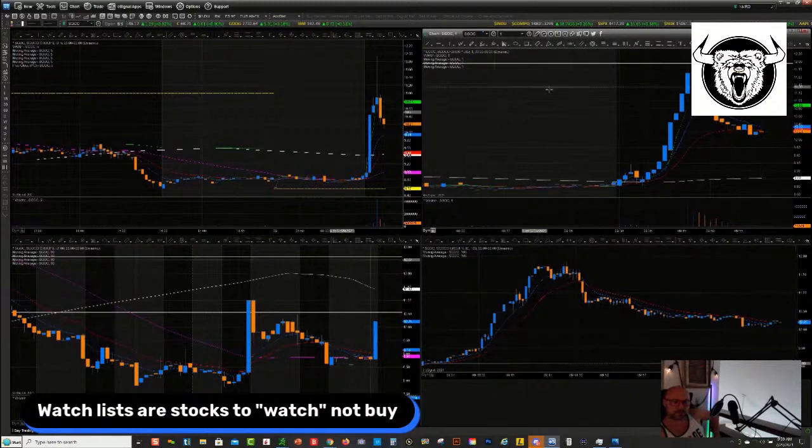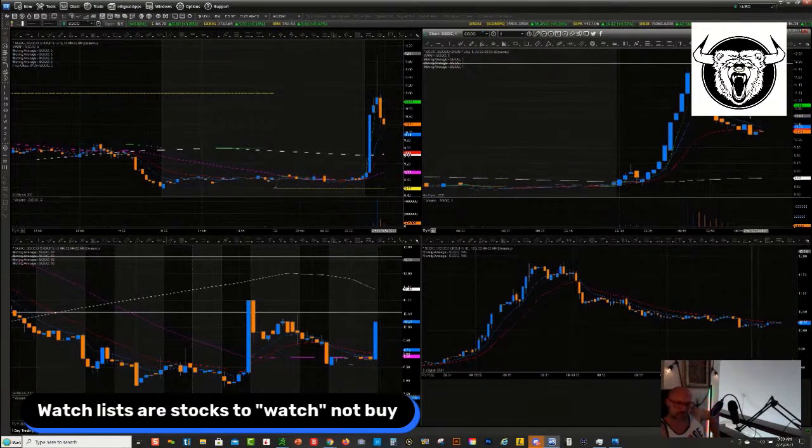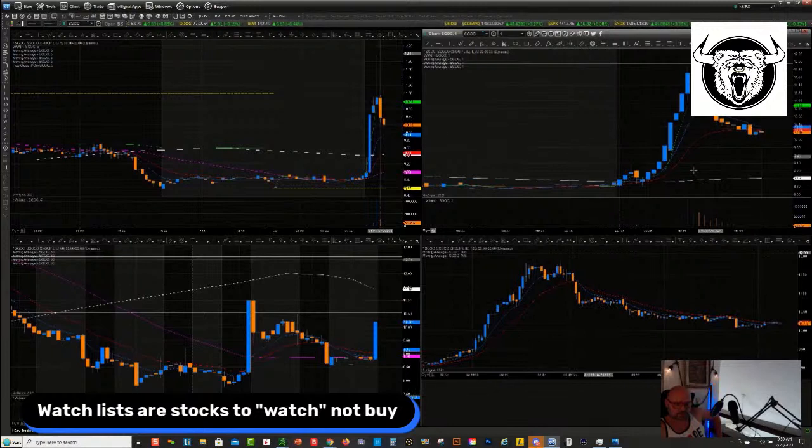So you'll see price action over here in SGOC fell down to 10.07. You'll see it's caught between the 9 and the 20. So at this point, I want to see a 9 and 20 crossover on a 10-second chart. And then I'd like to see it get above that 9 EMA and get a cross, or the 9 is still above the 20, but I'd like to see it hold.